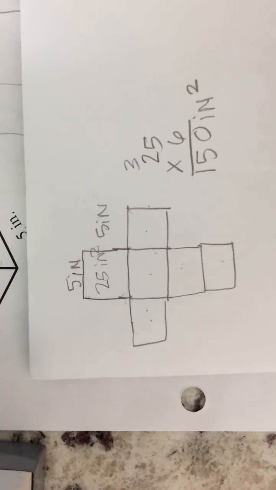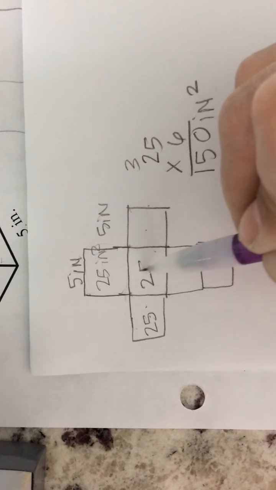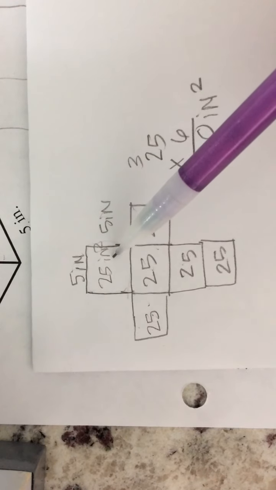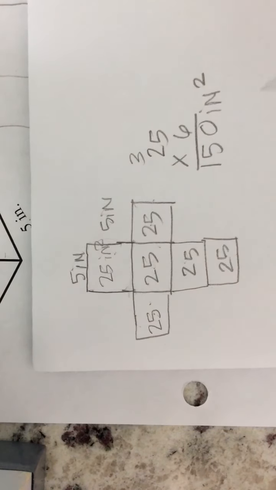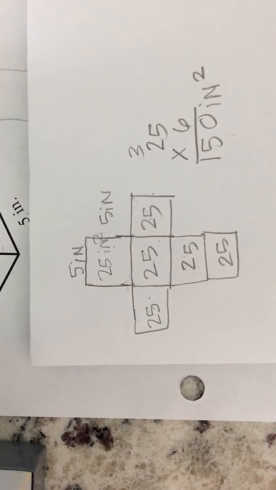If it was hard for you to see that, you could make your 25 inches represent that on your picture and see, okay, I have 6 of those that I am adding together to get to my 150 inches squared.